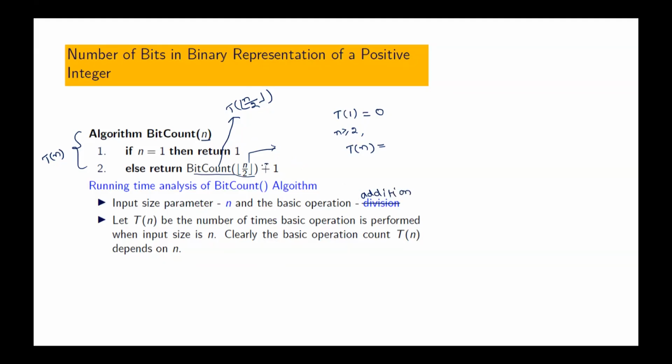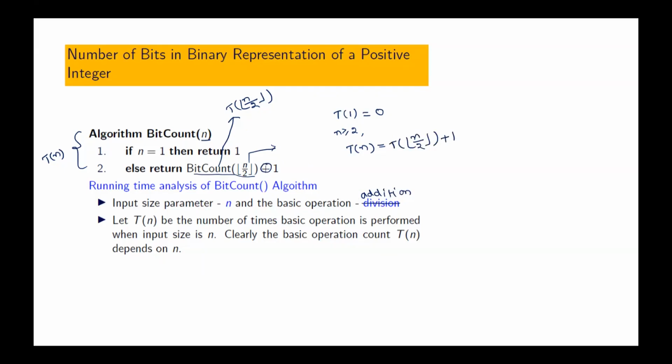So this addition I call the basic operation. Now, I think at least it is clear. So what is T of n? Number of additions performed here plus one extra addition we are doing here. So this can be written as T of floor of n by 2 plus 1. Is that clear? Is that okay?